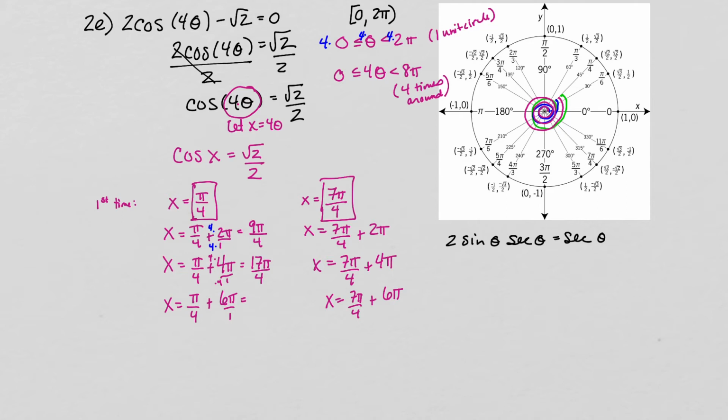Same thing, over 1, times 4 on the top, times 4 on the bottom to make the common denominator. So this one's going to turn out to be 25 pi over 4. And then we have to do the same thing over here. So you're going to have 15 pi over 4 if you work this out, 23 pi over 4, and again, 24 and 7 would be 31 pi over 4.